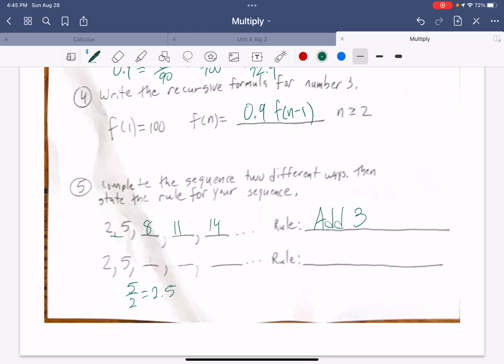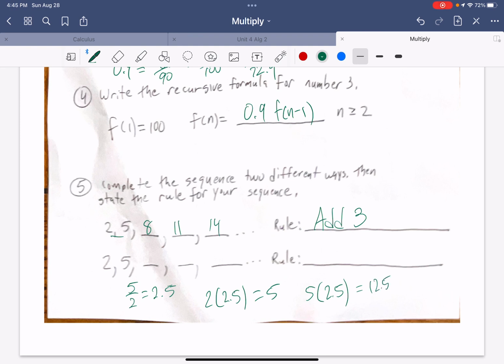And that would give me, so you just do 2 times 2.5, right? And that's going to give you 5. And then you would do 5 times 2.5, right? So if you're giving 5 people $2.50, that would be $12.50.